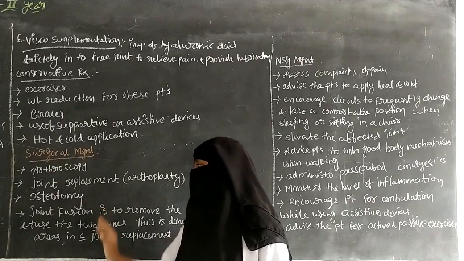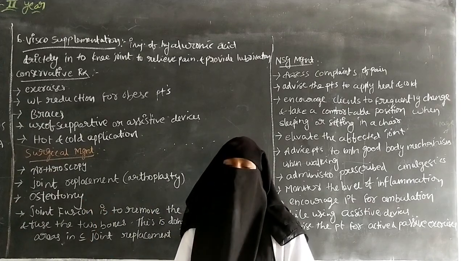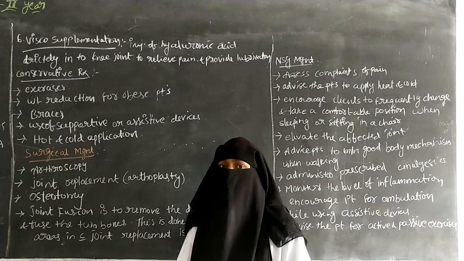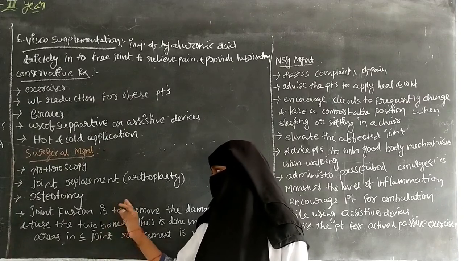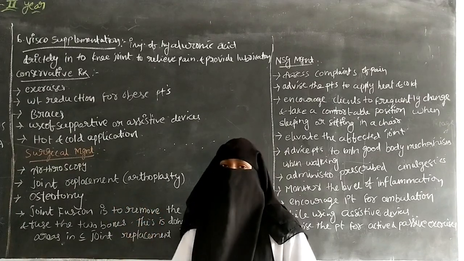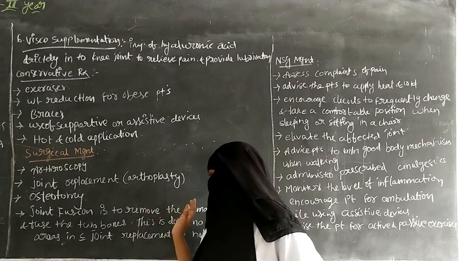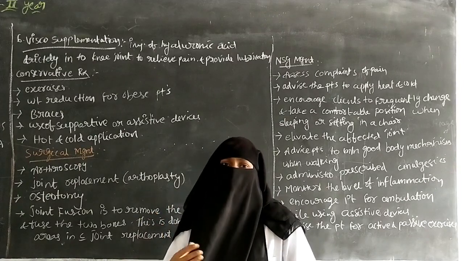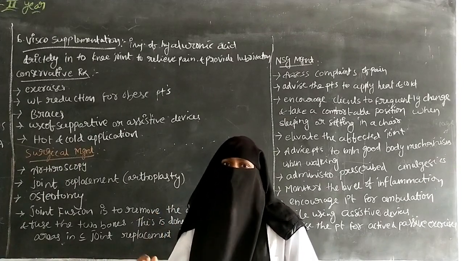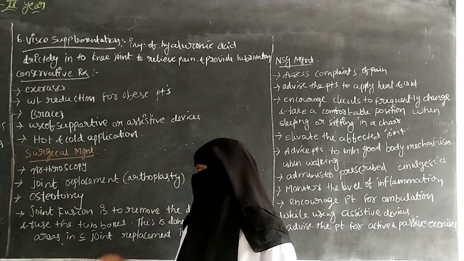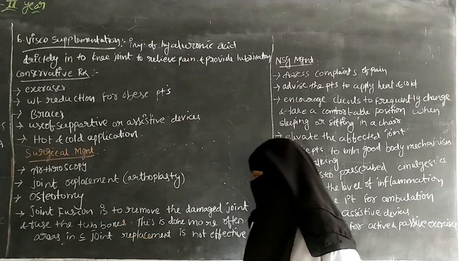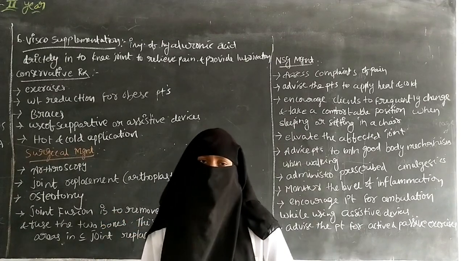Osteotomy is opening the joint to remove the damaged tissue or cartilage. Joint fusion removes the damaged joint and fuses the bones together. It can be performed if joint replacement is not effective.